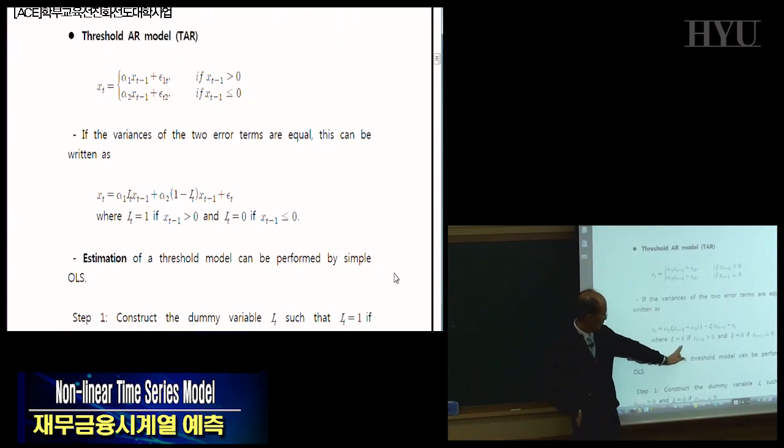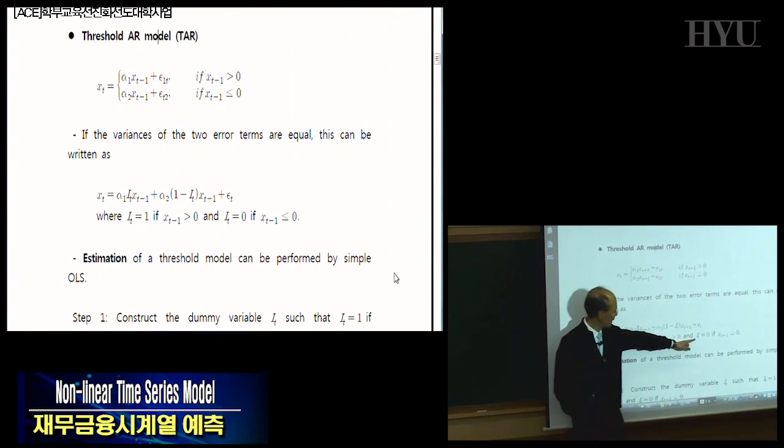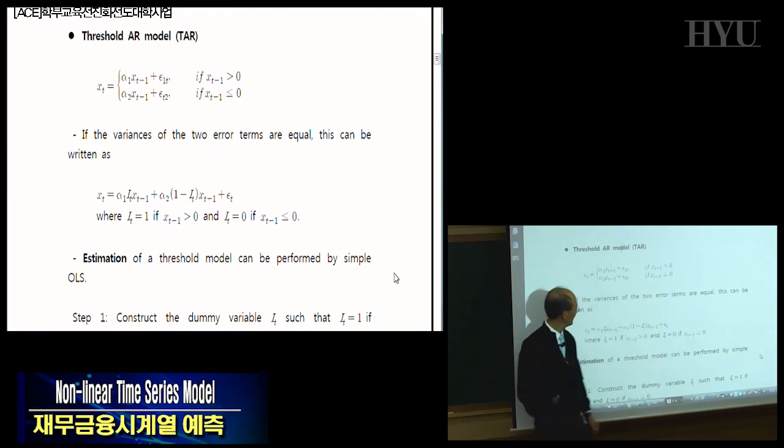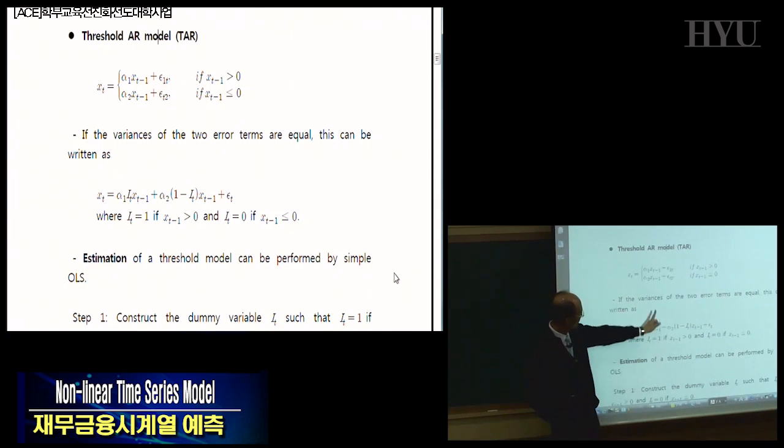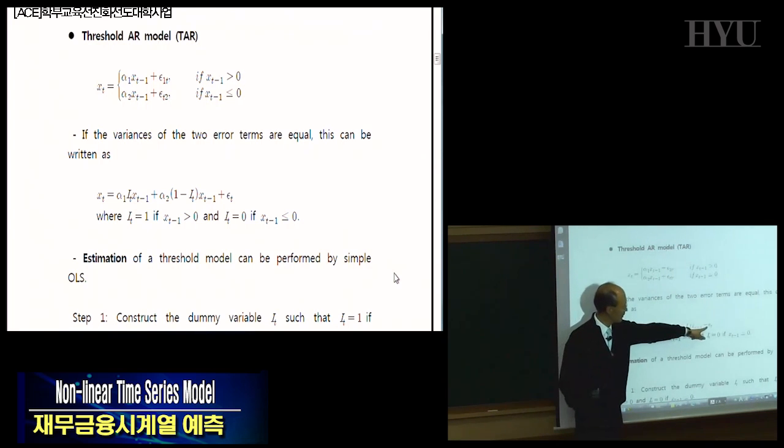So we introduce an indicator variable I_t equal to 1 if it is positive, otherwise 0, and rewrite this expression into a single equation like this one. Because we assume that the variances of the two error terms are the same, we have the same epsilon.